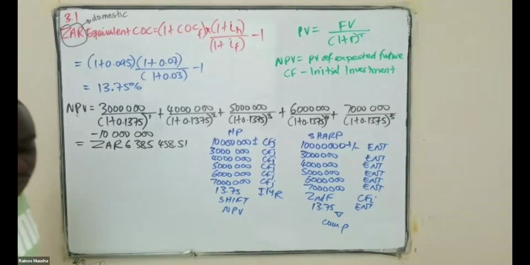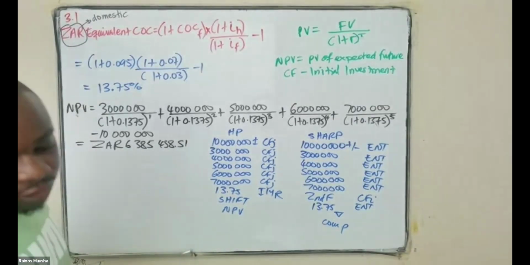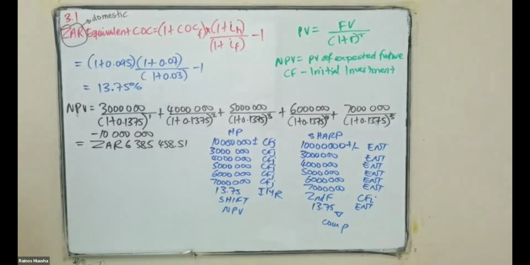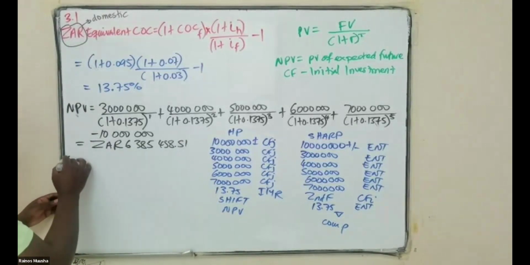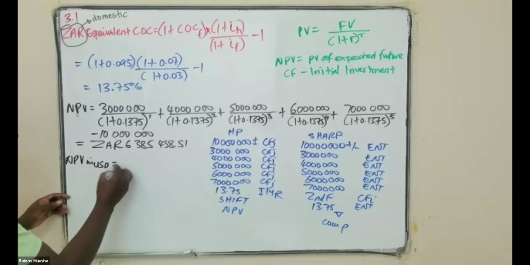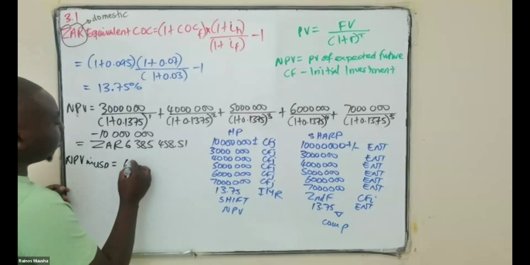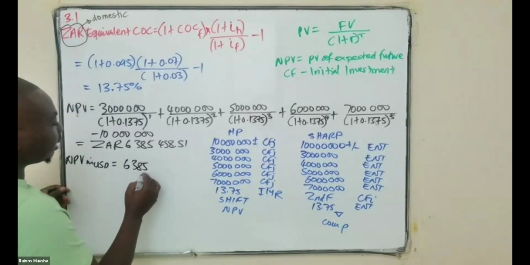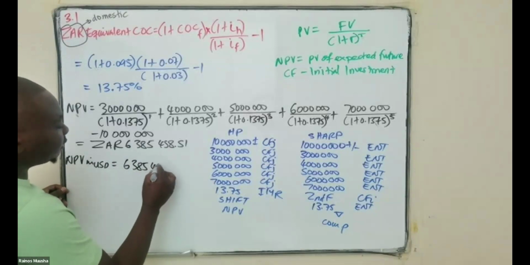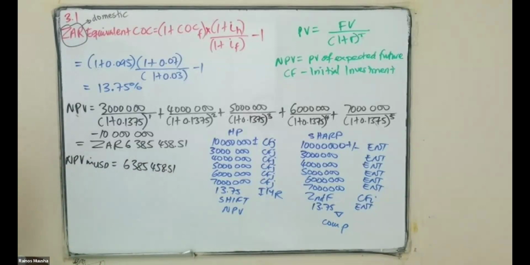Remember the second part of the question, they were also asking us to find the net present value, then converting it to US dollars at the current spot rate as well, right? So the net present value in US dollars would be given as we have 6,385,458.51 units of the ZAR.